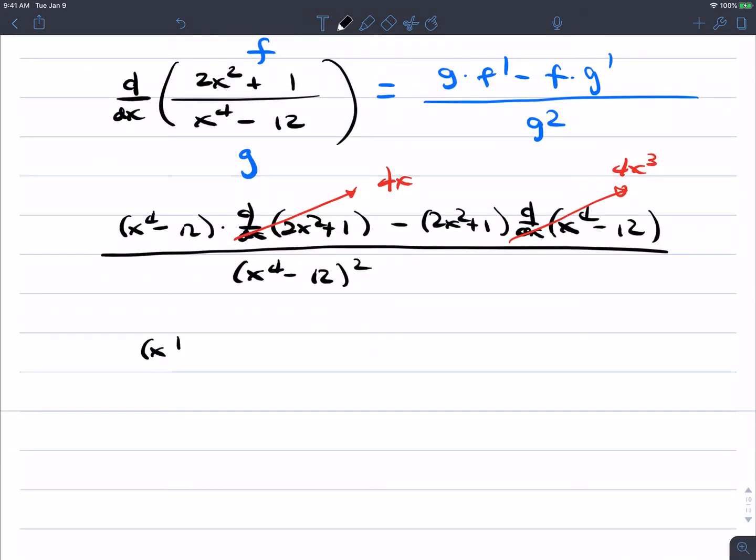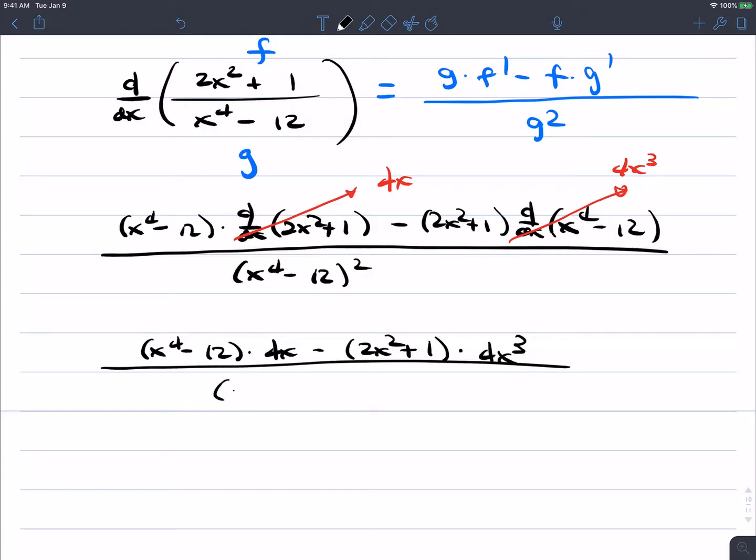So x to the fourth minus 12 times 4x, minus 2x squared plus 1 times 4x cubed, everything over x to the fourth minus 12 squared.